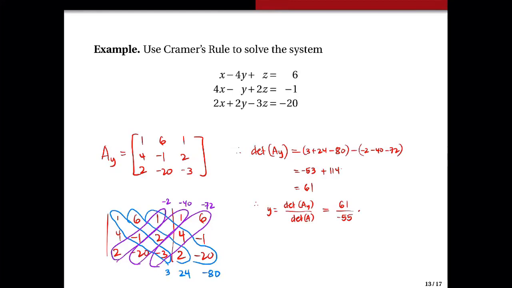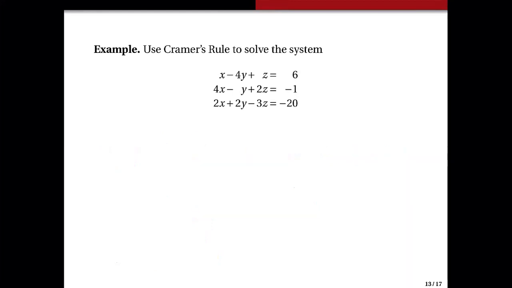Okay? And then finally, the complete solution I will leave to you. So you will have your A sub z. This time, you will replace the z column by this column here. So A sub z is just 1, 4, 2, negative 4, negative 1, 2, and then 6, negative 1, negative 20.